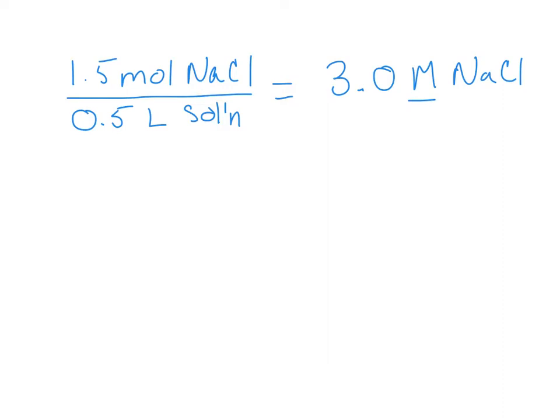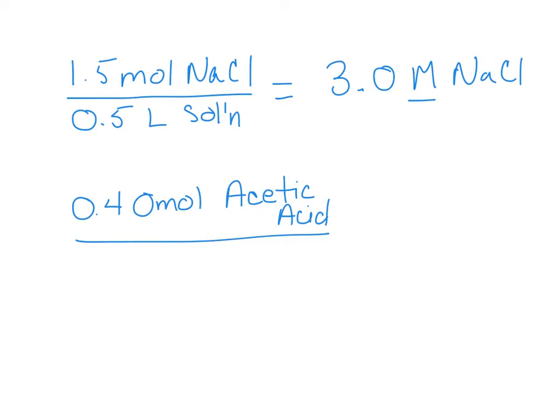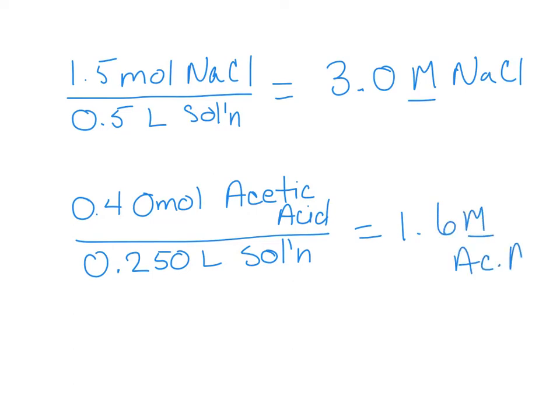And for that second one, hopefully you took 0.40 moles of acetic acid, which is really vinegar. Vinegar is weak or dilute acetic acid. So if you divided that by the volume of solution, which was 0.250 liters of solution, that's how you got 1.6 molar acetic acid.